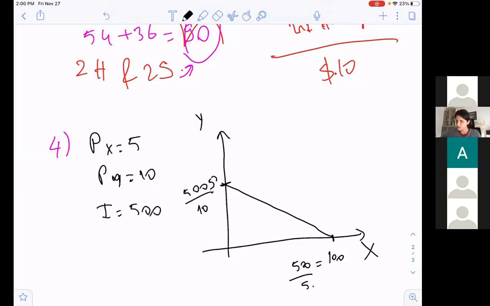Assume that the household splits its income equally between X and Y. Show where the household ends up on the budget constraint. So this is about choice. This is all of the bundles she can afford, but we don't know which point she chooses yet.